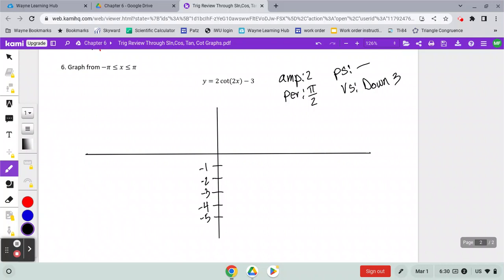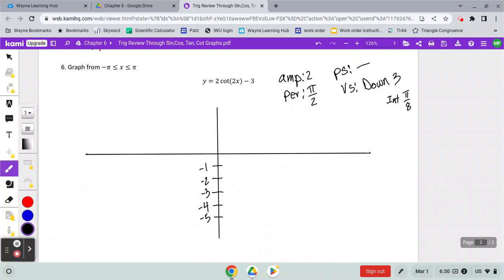Okay, now to the right here, if our period was pi over 2, our interval is actually going to be pi over 8. Once again, it's because pi over 2 divided by 4 is the same as multiplying by the reciprocal. So multiplying by 1/4, that gets us to pi over 8.